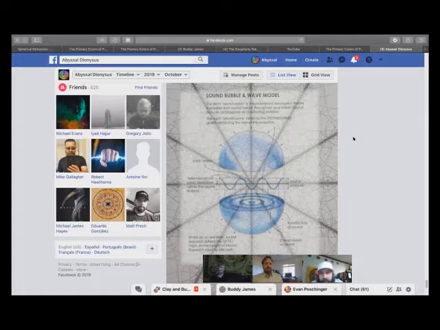And that's just pointing towards the electric universe and the electric universe paradigm and the electric geometry.